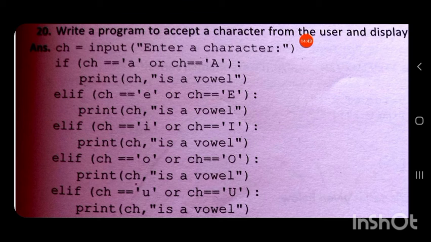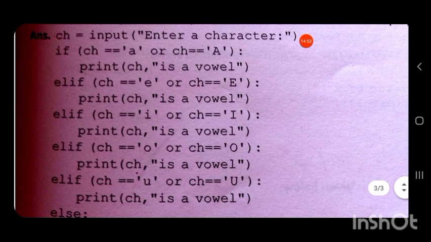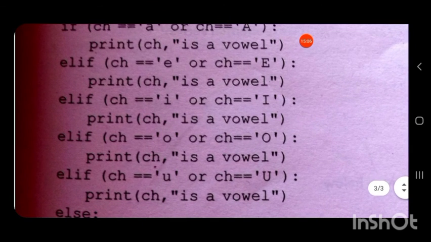Or else if the character entered is not A, then it will check whether the character entered is small letter e or capital letter E. If it is true, then it will print is a vowel. If it is false, then it will go to the next elif statement and check whether the character entered ch equal to i or ch equal to capital I. If it is true, then it will print it is a vowel.